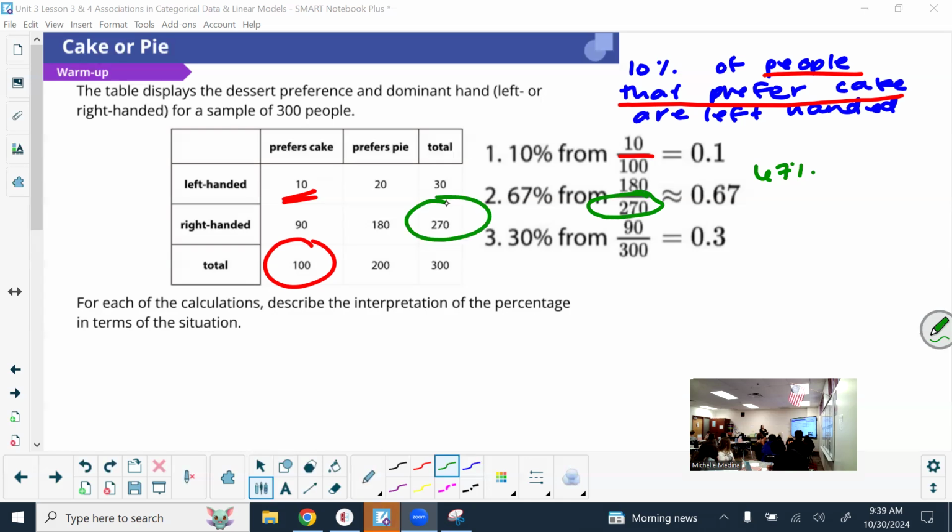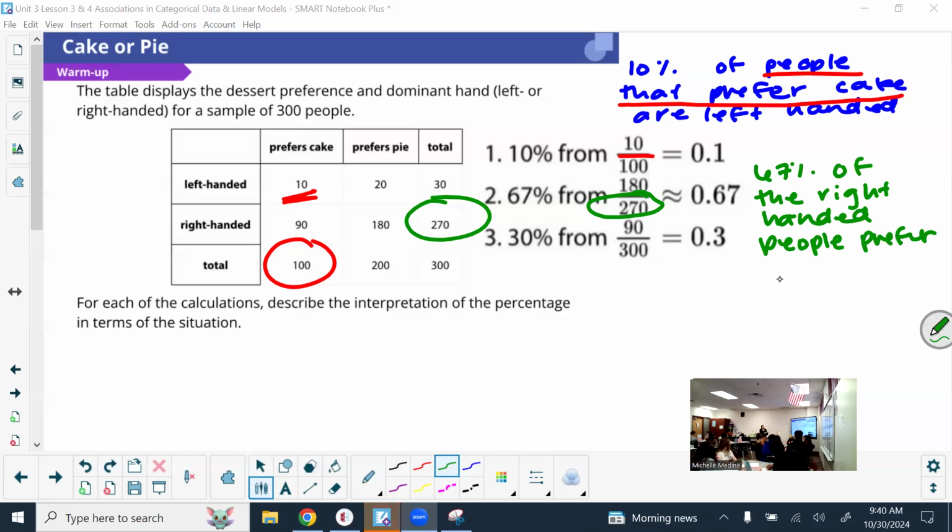The amount of people that are right-handed. So that's how you rephrase that. We're not just saying that 67% of the people surveyed are right-handed or and prefer pie. We're saying 67% of the right-handed people prefer pie.